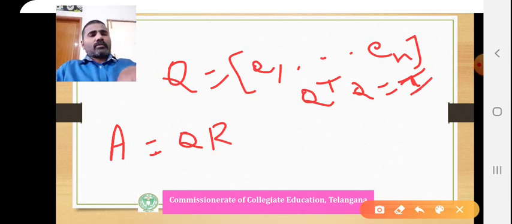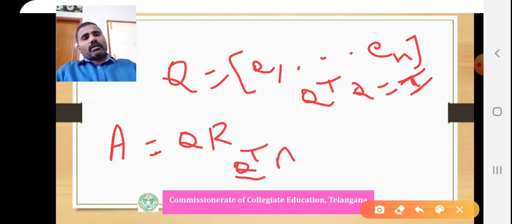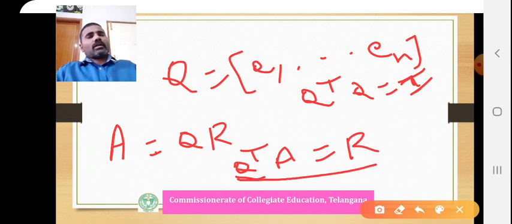Now pre-multiplying both sides by Q transpose, we get Q transpose A equals Q transpose Q R, that is I R, which equals R. We can construct R like this also.